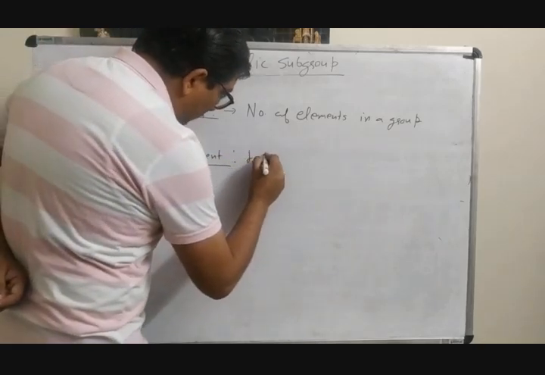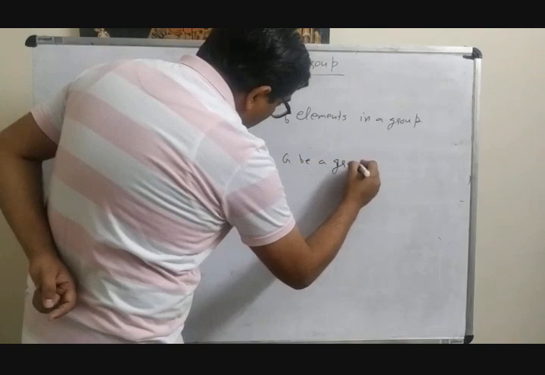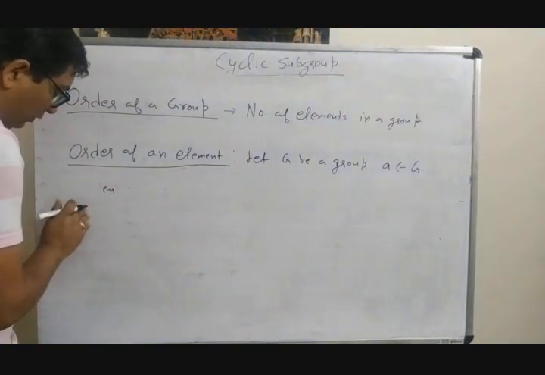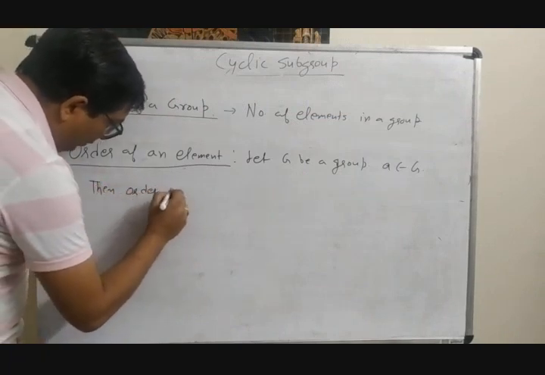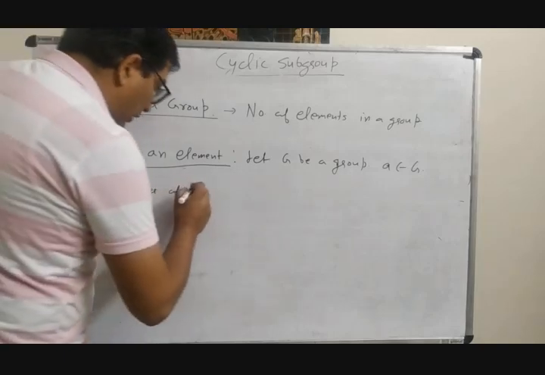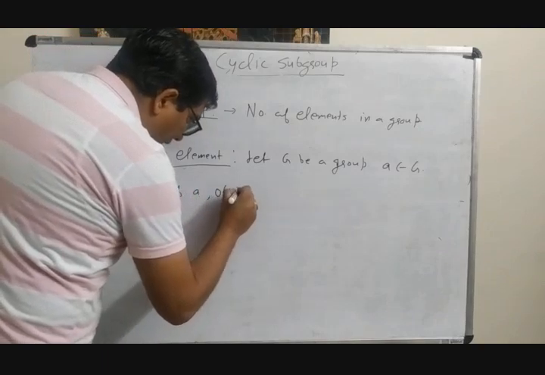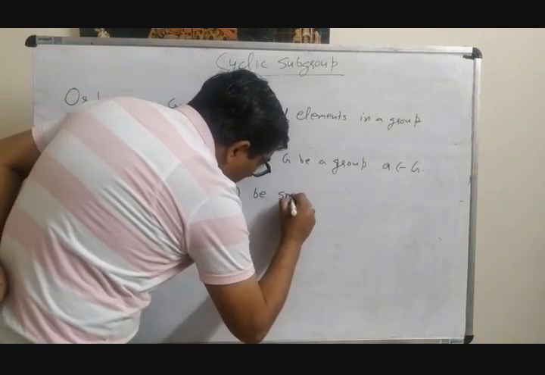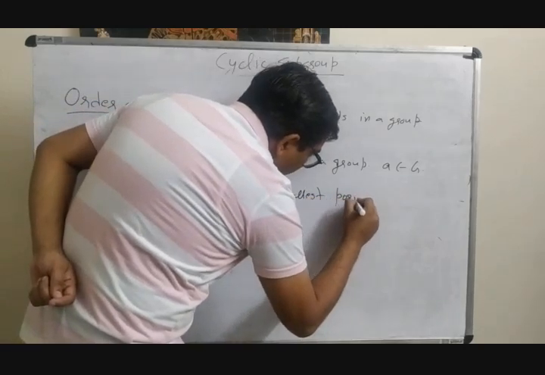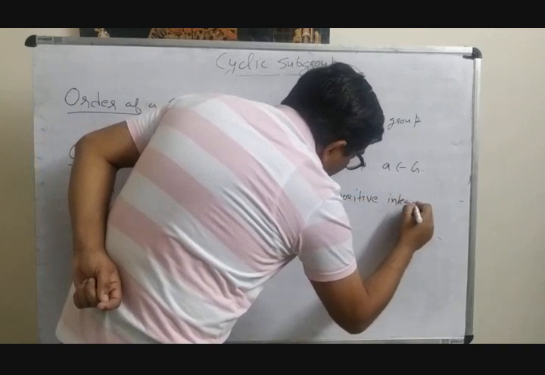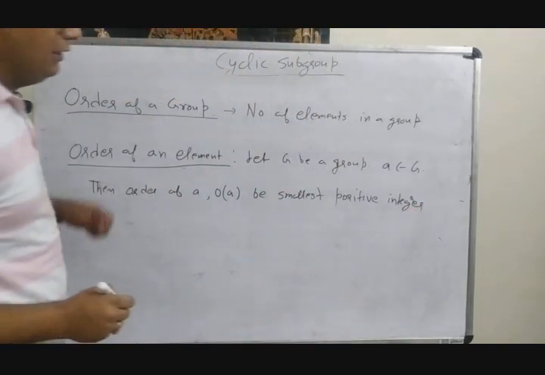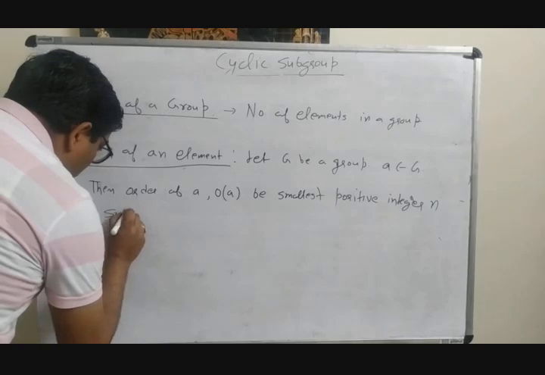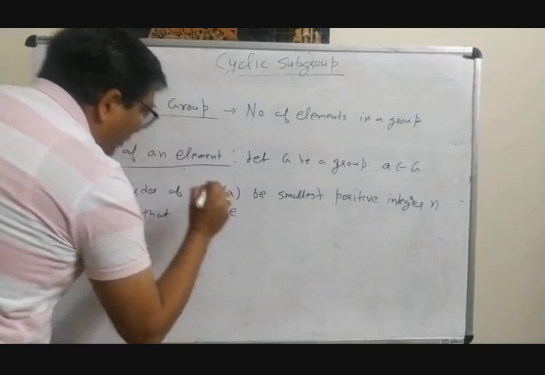Let G be a group, and let A belong to G. Then the order of A, represented as small o of A, is the smallest positive integer n such that a raised to power n is equal to e.